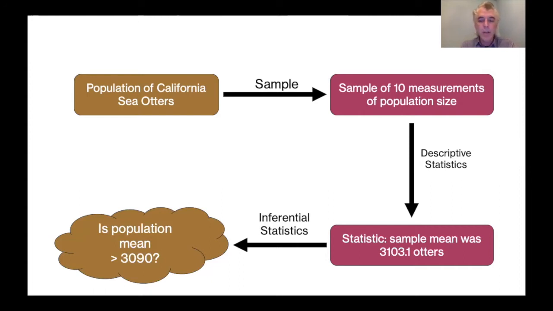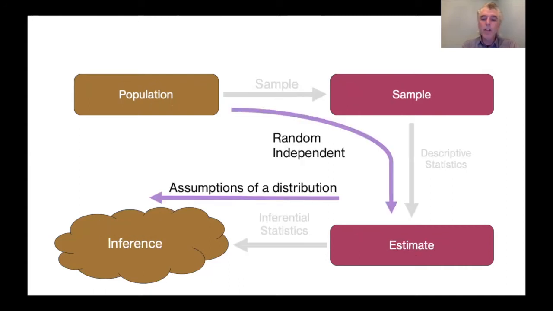And each of these components has different assumptions associated with it. If we want to get unbiased estimates of a population mean or variance, let's say, then we need to make sure that each entity within the population has an equal probability of being included in our statistical sample. And this is what I mean by collecting a random sample.